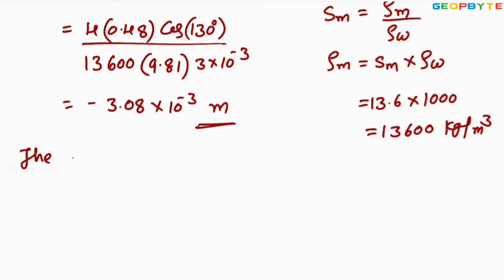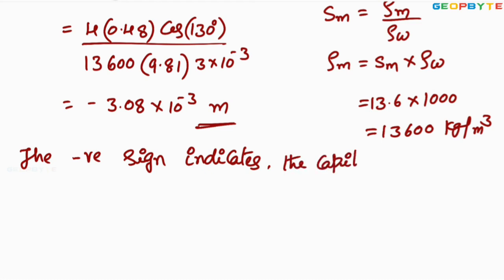The negative sign indicates capillary depression. Anyhow, since the answer is in meters, you can also write it in mm, 3.08 mm.